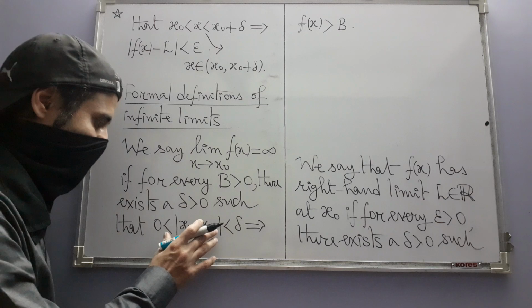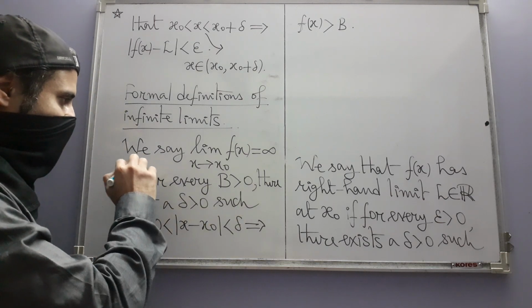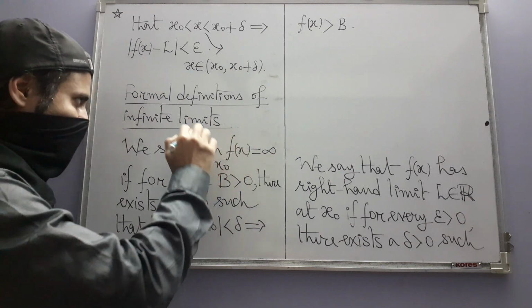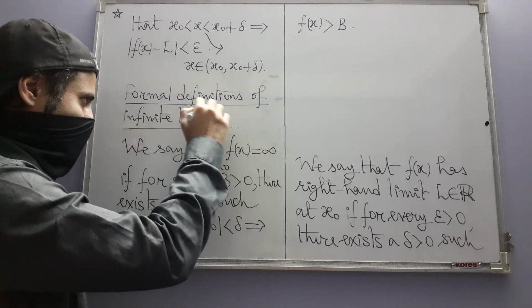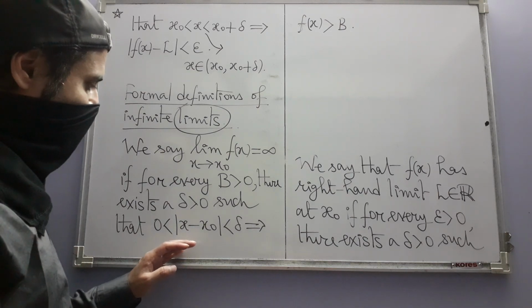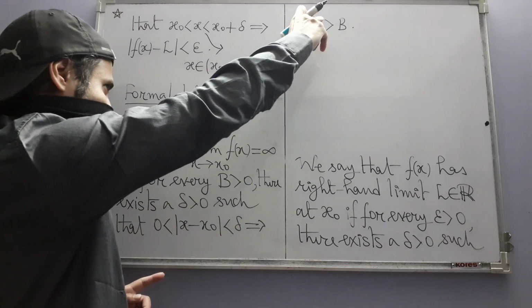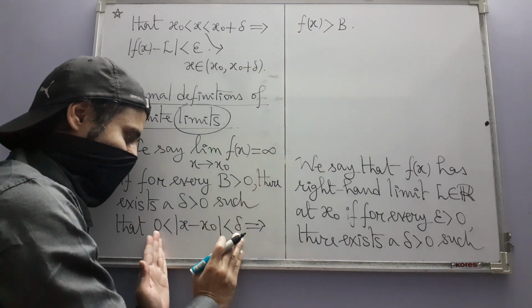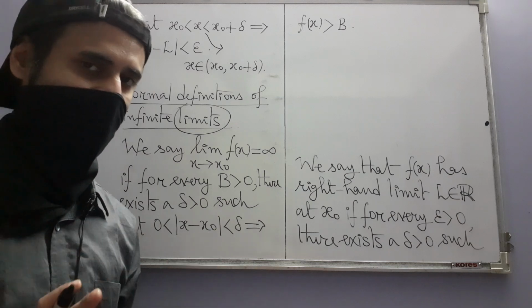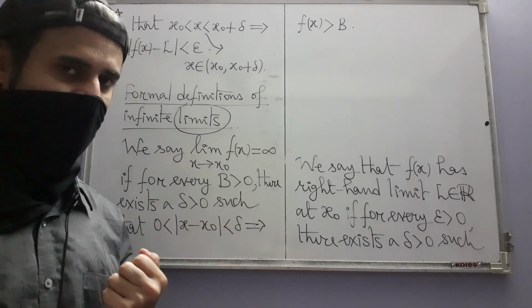Note that here we are considering both the sides of x naught. That is why you have two-sided infinite limits or two-sided ordinary infinite limits. But if you want one-sided versions of this, besides this, you will have to change the hypothesis also. You know how, okay, by considering only one side of x naught.